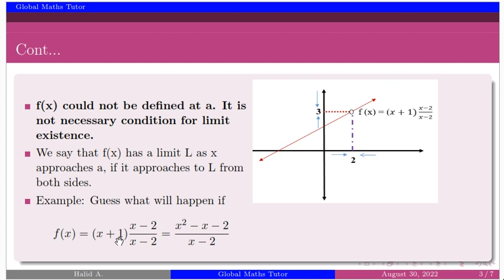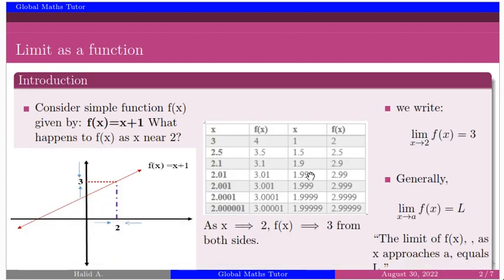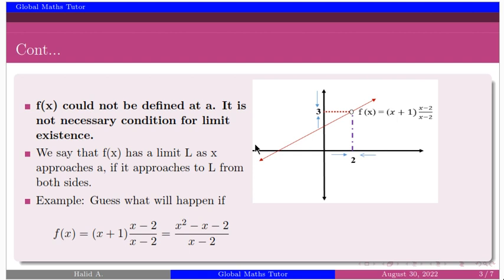So if we make the table, it has the same values, you may check it. So we say that the limit of this function is the same as the past one, which is 3.